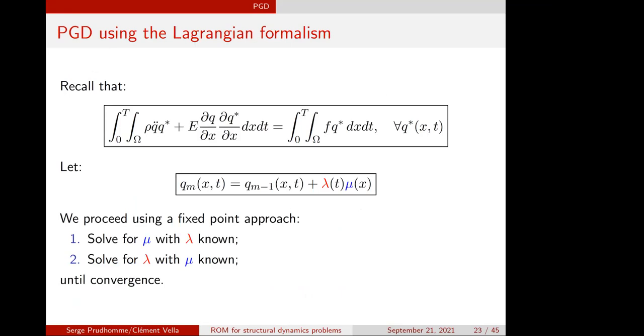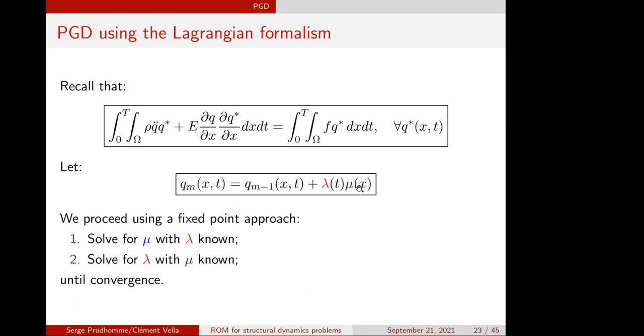I'm recalling here the equation that we are going to start with. At this point, what we want is to find Q_m. Once we know Q_{m-1}, we want to find lambda and mu.